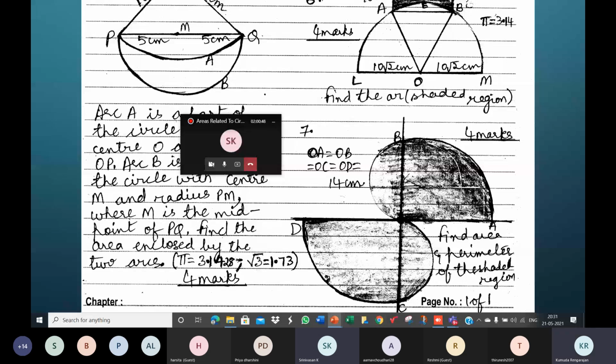Yeah, that's correct. I'm so happy to hear that. Very good. 116 is the correct answer. Yes, explain that, Srinivas. How did you get 116?